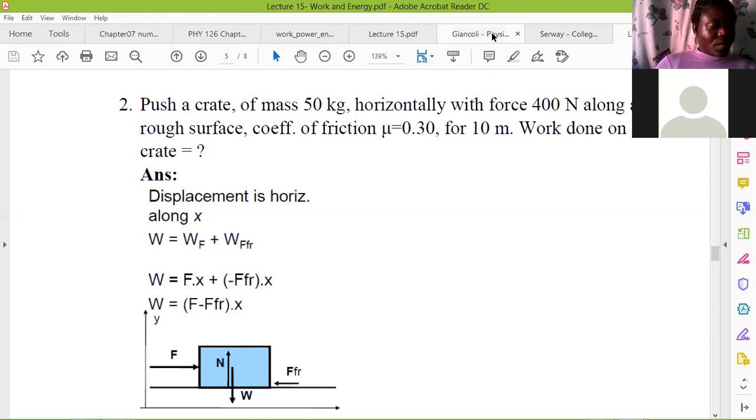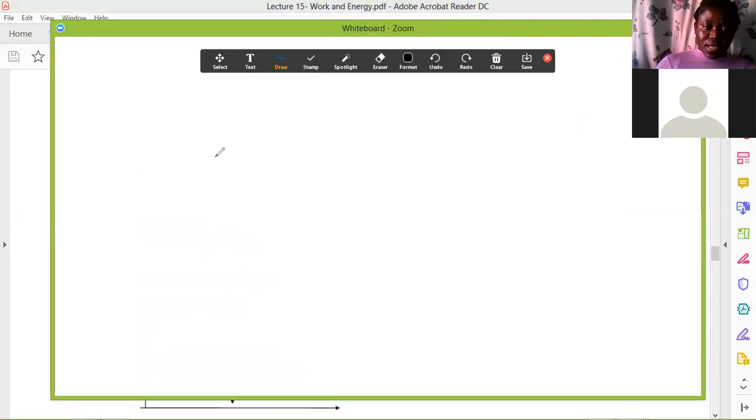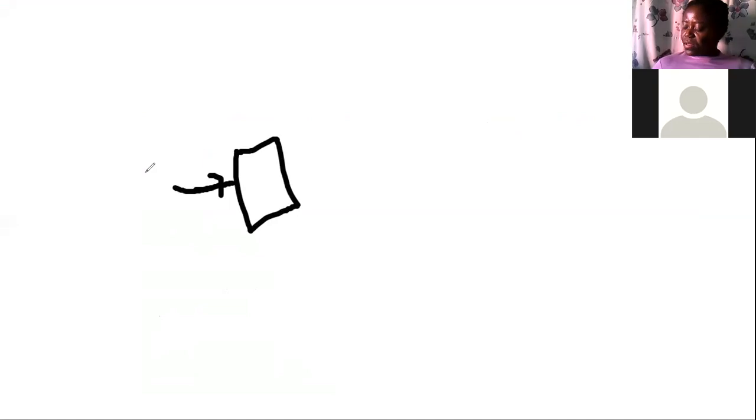Okay, so the work done on the crate. This is the crate, and they are saying you are pushing that crate. This is the force that you are using to push that crate. On the surface where this crate is, there is friction.